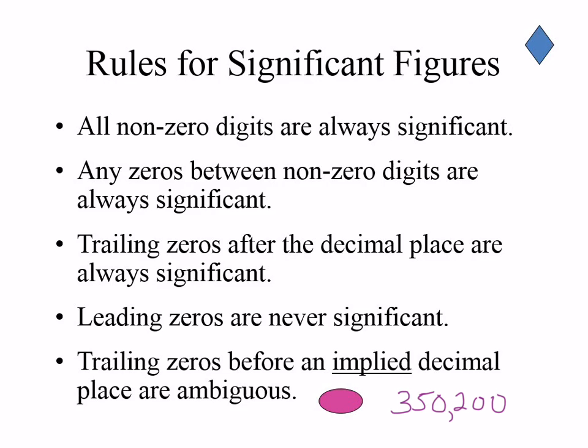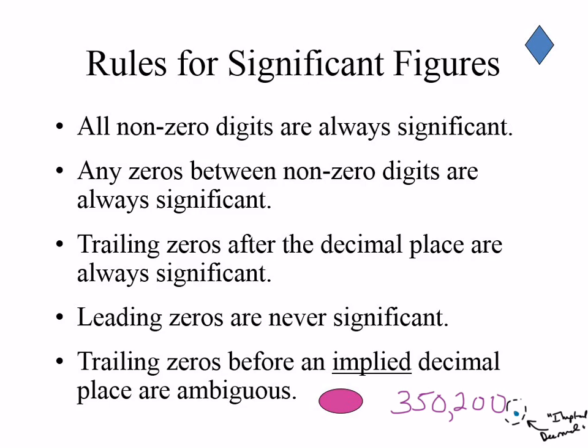And remember the other day I said if you don't put the decimal there, it's implied. So I can put a decimal there, with dashes around it to show that it is implied. It's called an implied decimal, just because we know it's there, but no one really put it there.